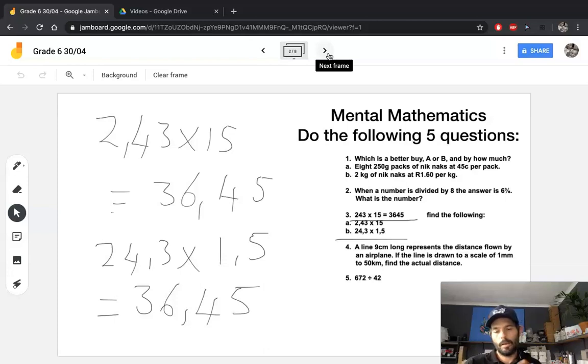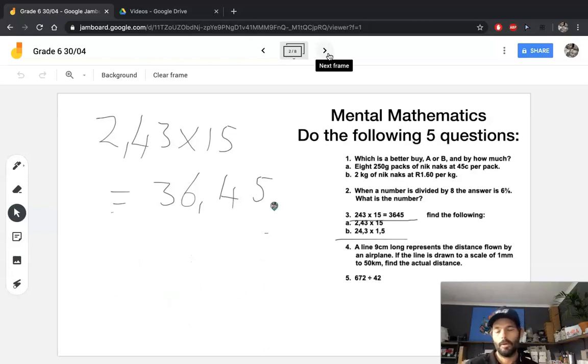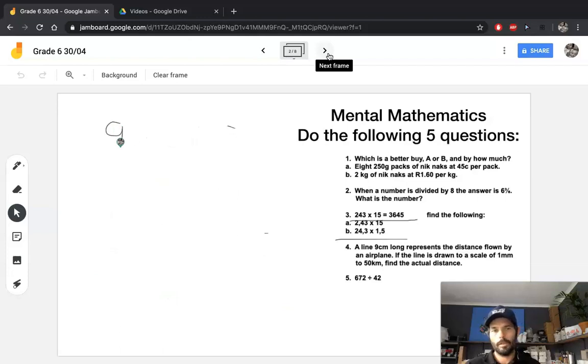Question 4 is looking at scales on a map. So if 9 centimeters is flown by an airplane, and on the map 1 millimeter equals 50 kilometers, they want to know how much distance is 9 centimeters?